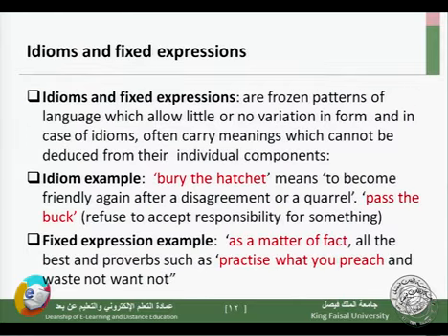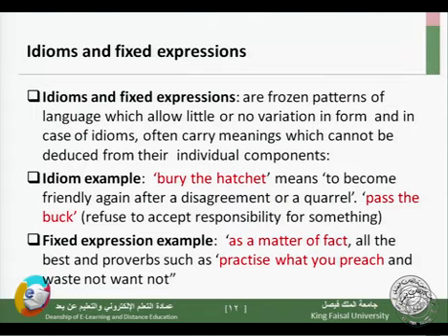All right. Now the second type is idioms and fixed expressions. These ones you need to deal with caution. What are they? They are frozen patterns of language which allow little or no variation in form, and in the case of idioms, often carry meanings which cannot be deduced from their individual components.